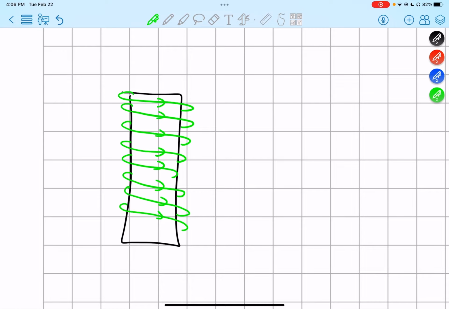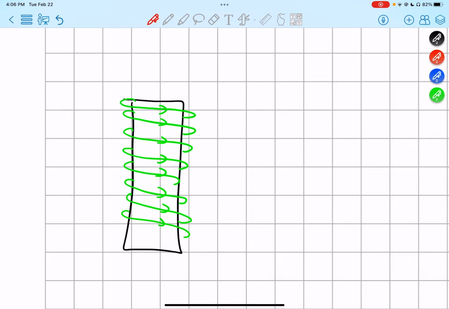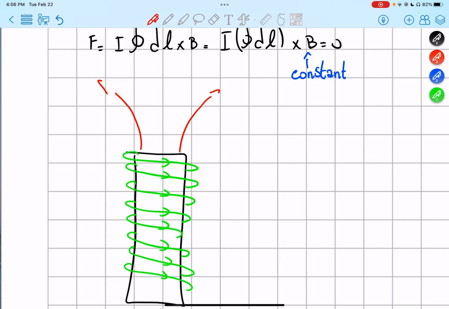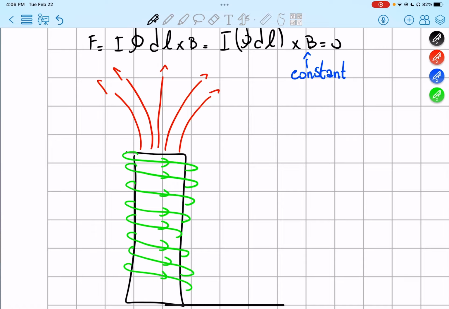We have a magnetic field going outside in this direction, I would almost say in a radial direction. And on top, we have a current loop with current moving along it.